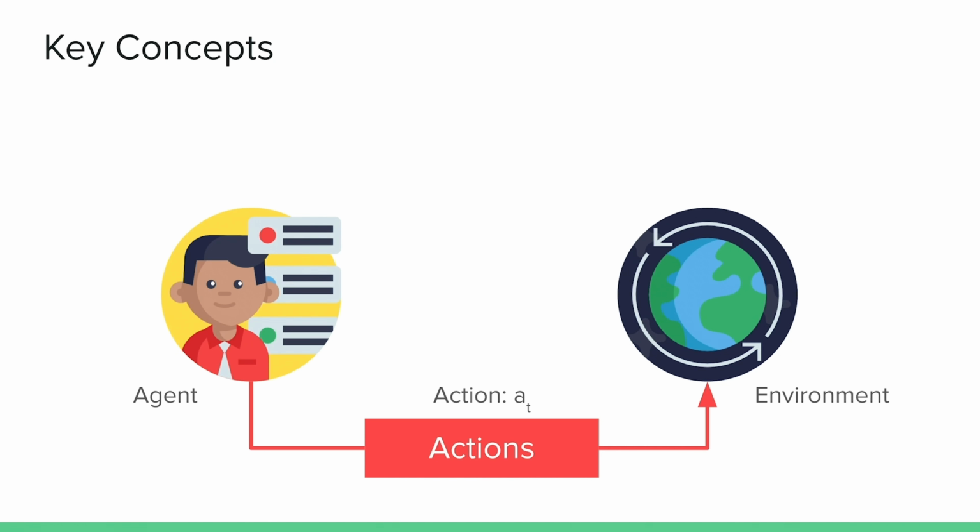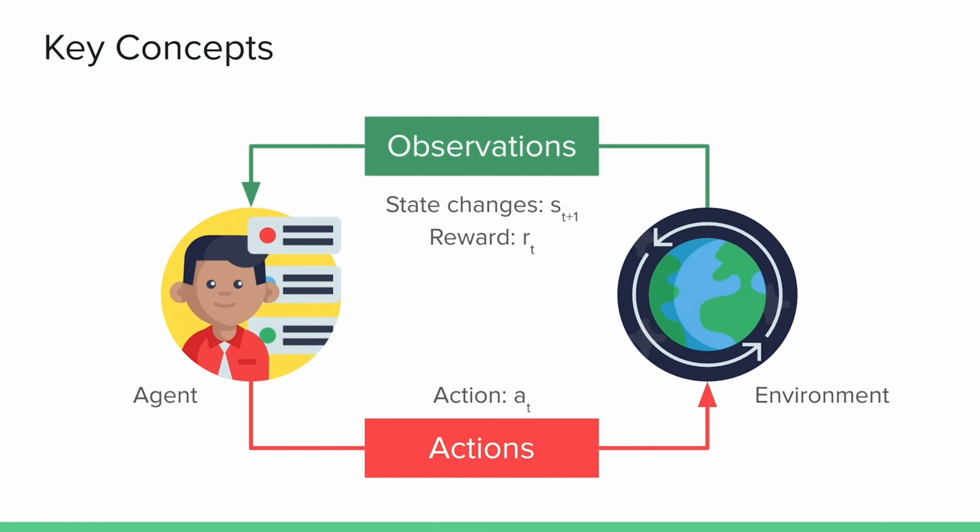Whenever we take an action, we are able to observe the environment back and see how the environment has changed by saying, okay, now what we can see is the state in the next time step, the state s_{t+1} after we took an action. So we moved the bishop and now we see a new state in our chessboard. And what we typically also get back from the environment is a certain reward.